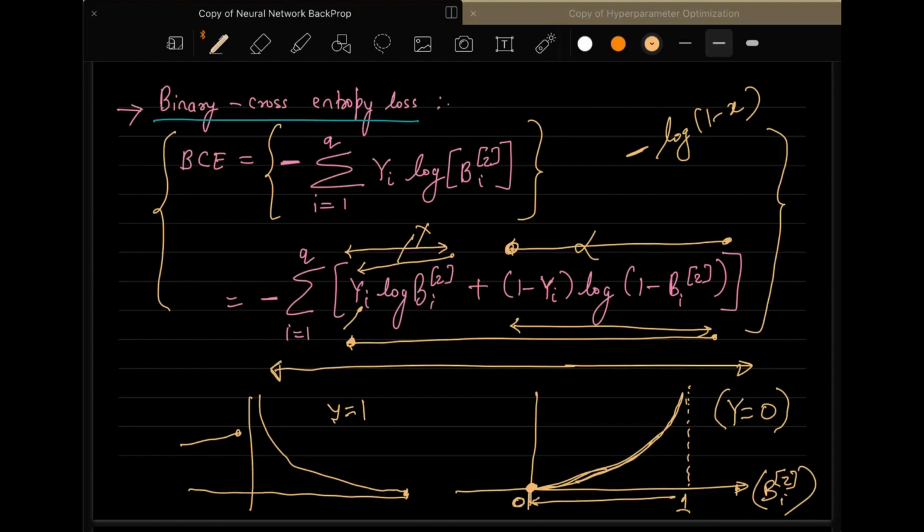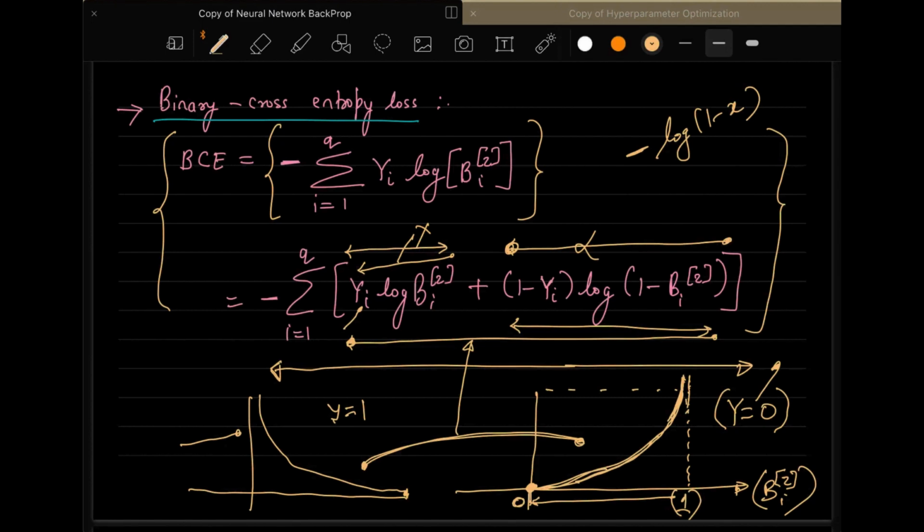This is what you want from a neural network: it should not create any penalty when the prediction is right. But if the prediction is 1 and the actual value is 0, then you have a very high loss. That is also what you want. So when you combine these two functions together, it gives you this particular expression.